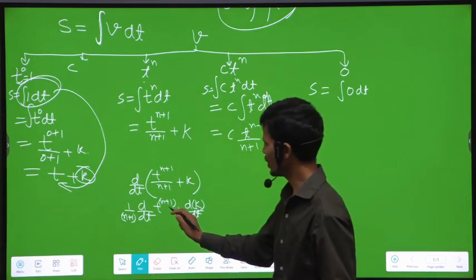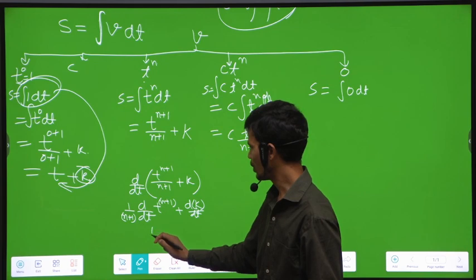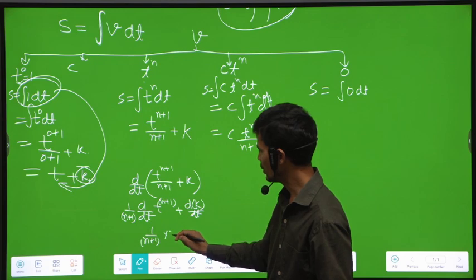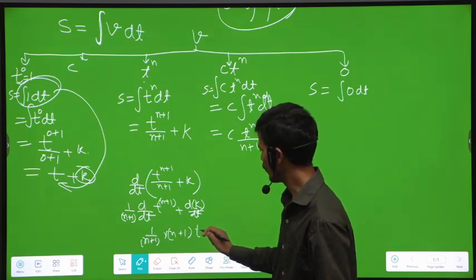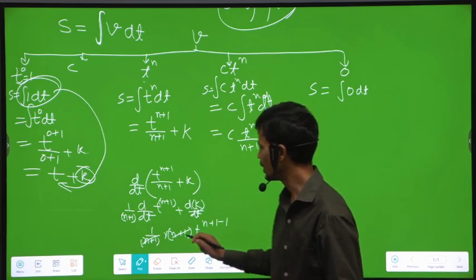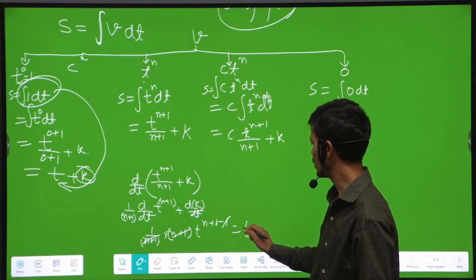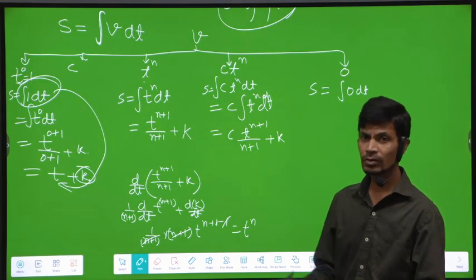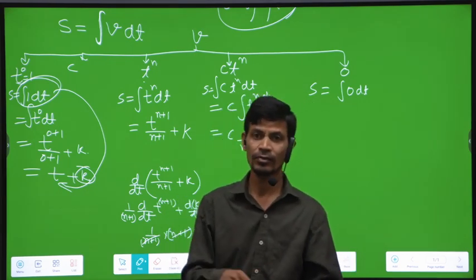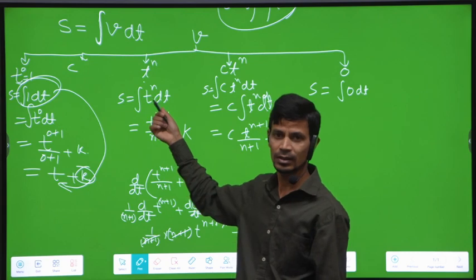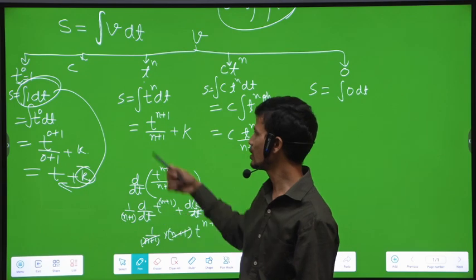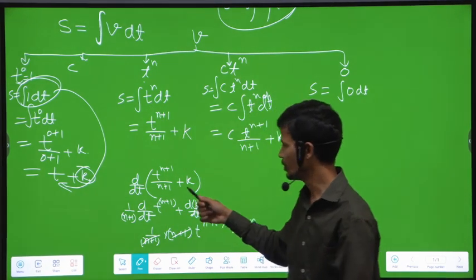Now if we differentiate it, the power goes in front, n plus 1, and 1 is deducted from the power, and the n plus 1 gets cancelled, answer is t to the power n. So if we differentiate the result of integration, we get the question for integration. If we differentiate its answer, we get this; if we integrate it, we get this.